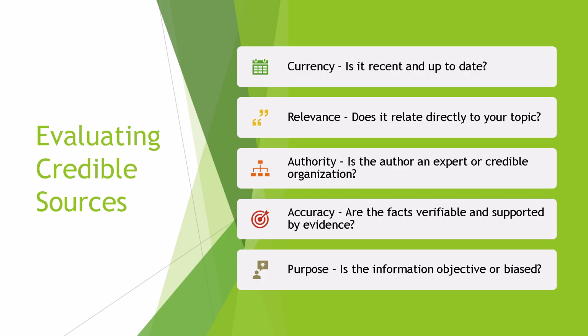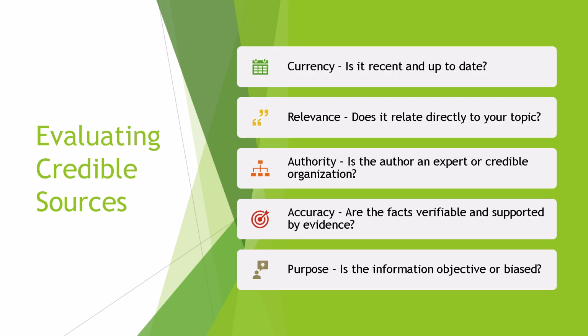And when we find research, we always want to test for credibility using the CRAP test: currency, relevance, authority, accuracy, and purpose. So we want to ask ourselves, is this information recent and up to date? So that's the currency. Is it relevant to my claim? Does it come from an author or an organization with authority in the field?